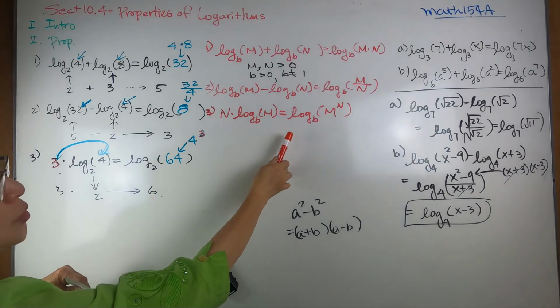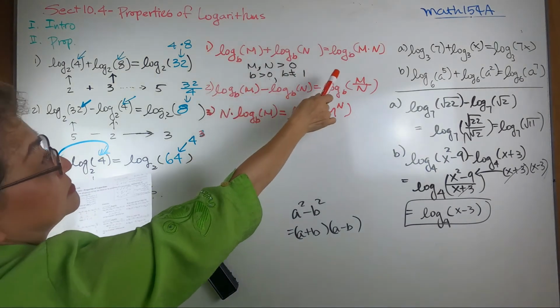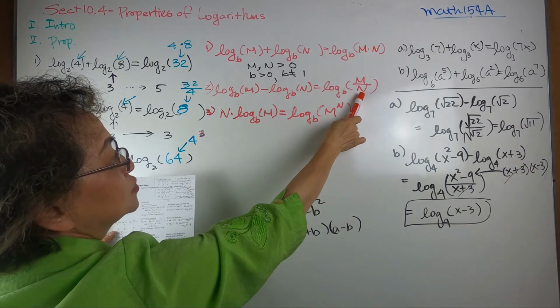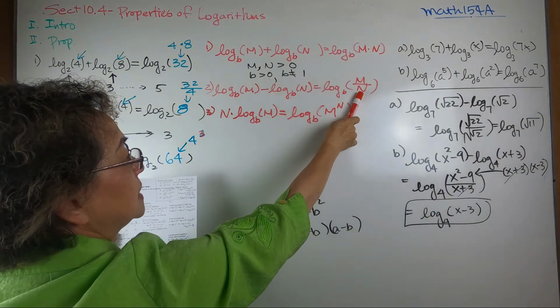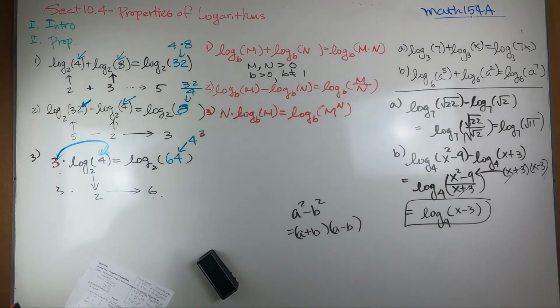We call it the power property. This one is called the product property, then this one is called the quotient property, and this one is called the power property. We are going to refer to it later.